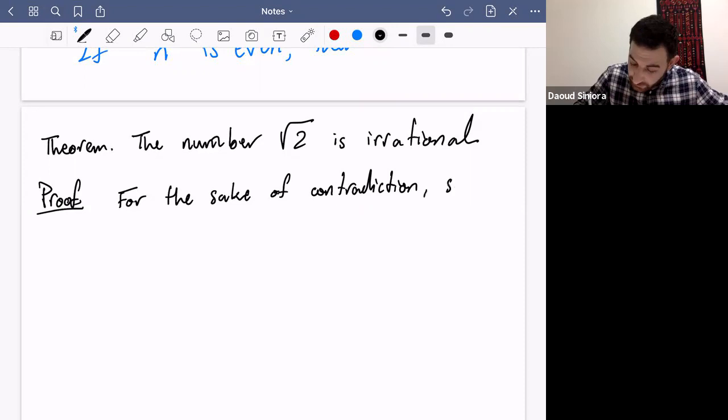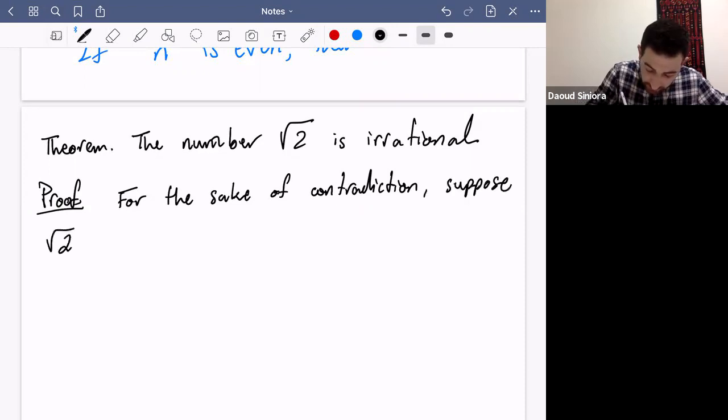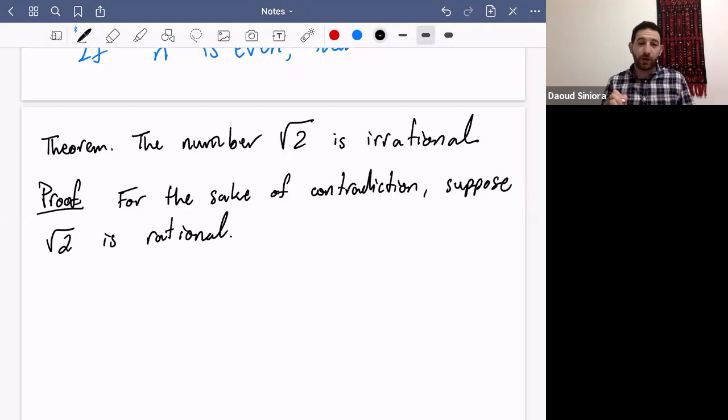So suppose square root of 2 is rational. Okay, and we want to get a contradiction.